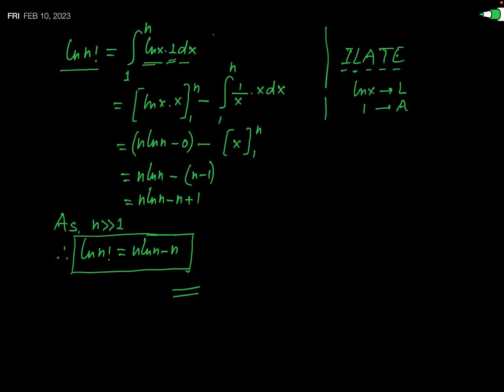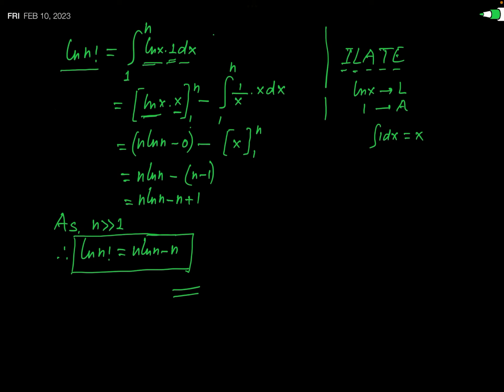And you definitely have the formula of integration by parts in your mind. The formula says first function, so first function is ln x, and integral of second function. So what will be the integral of 1? Integral of 1 dx will simply be equal to x. So here I have written x. So first function into integral of second function, and limits are 1 and n.